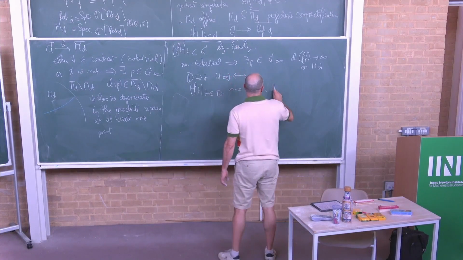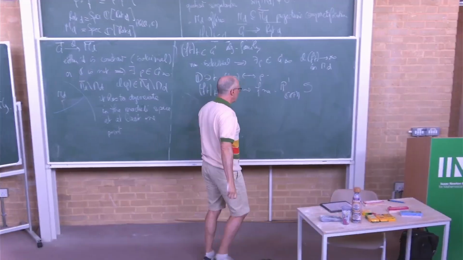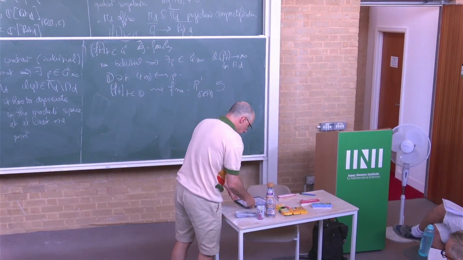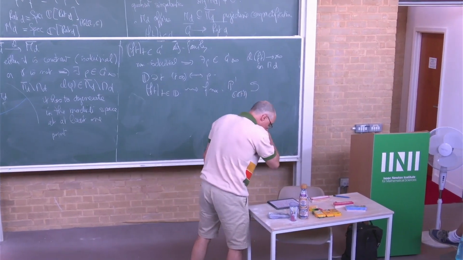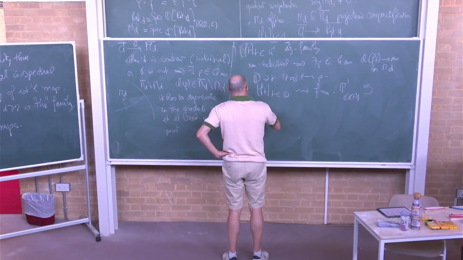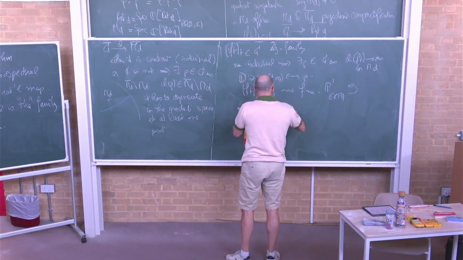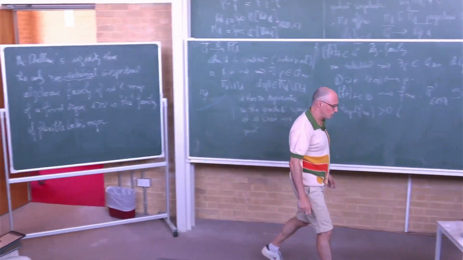So we have our non-Archimedean dynamical system, and we're going to look at its dynamics. The first observation is that the topological entropy of this has to be positive. Remember, why is it so?